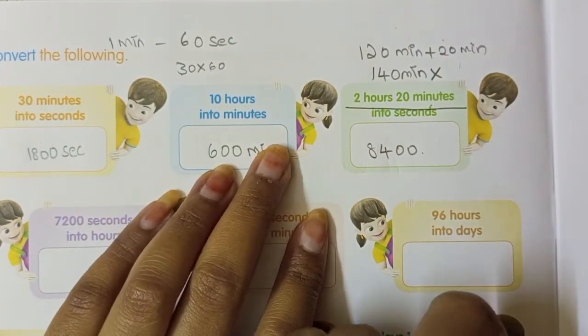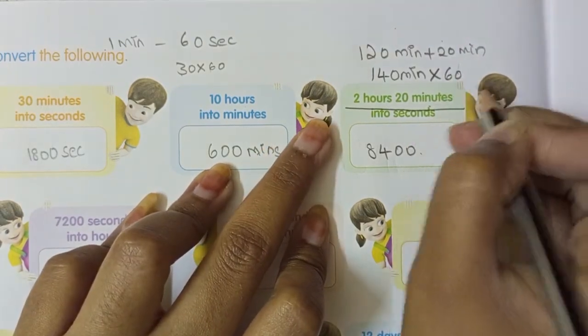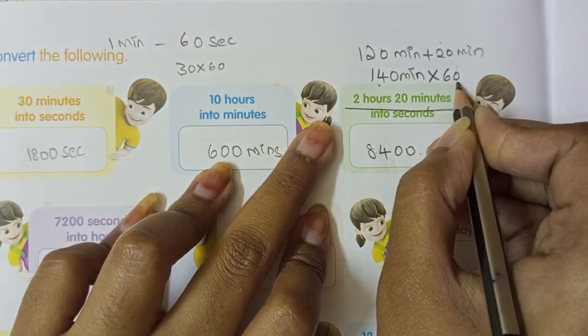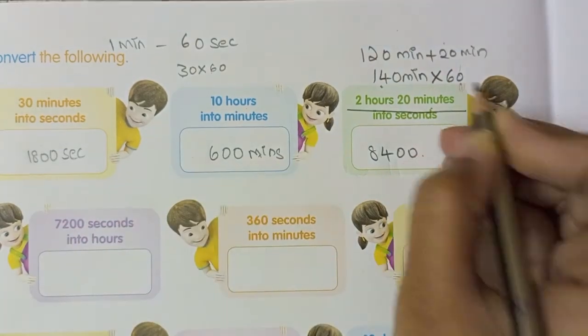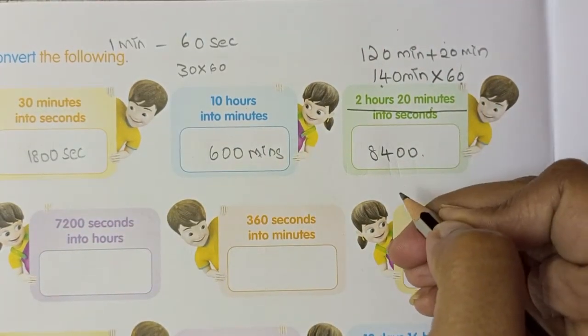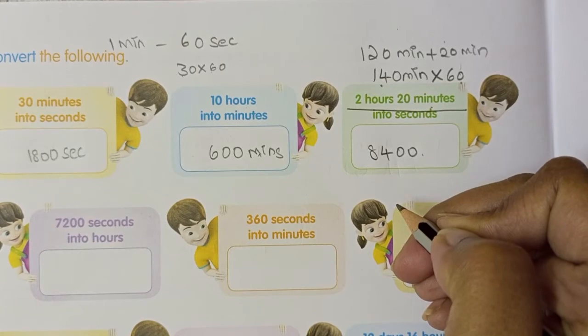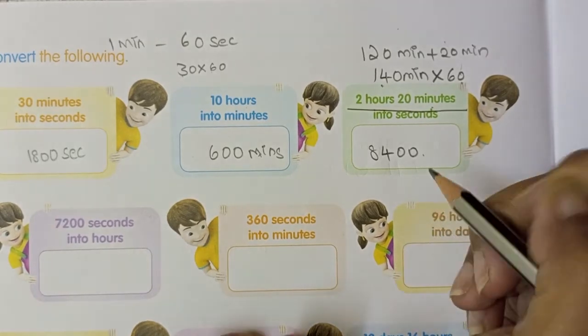For each minute it has 60 seconds. So 140 into 60 is 8,400 seconds.